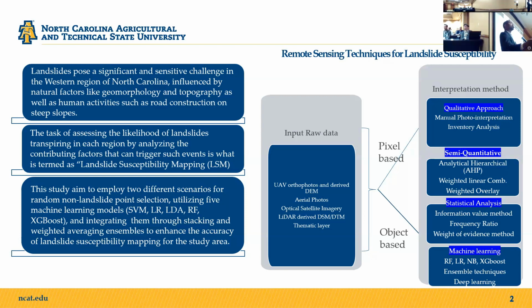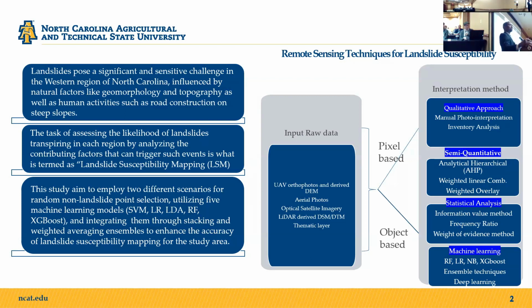and due to complexity in computer analysis these days and the availability of remote sensing images, we have machine learning development for landslide susceptibility. The likes of extreme gradient boosting, random forest, linear regression, logistic regression, naive Bayes, and the likes of them.